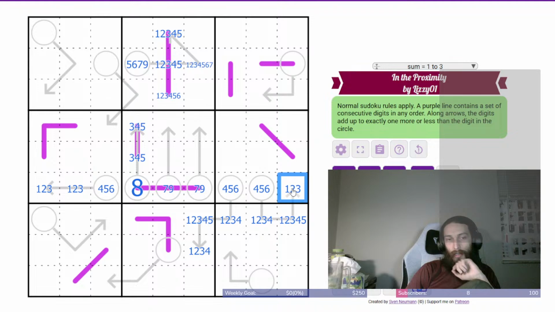A 1 here would force this to be 5, so that would be 6. But 1 and 3 makes this 6, and 1 for 7.